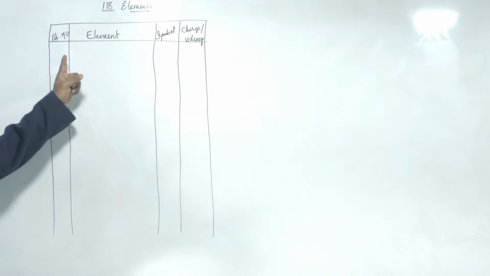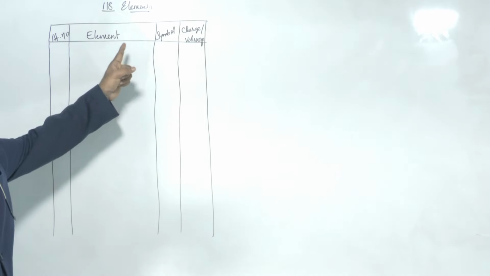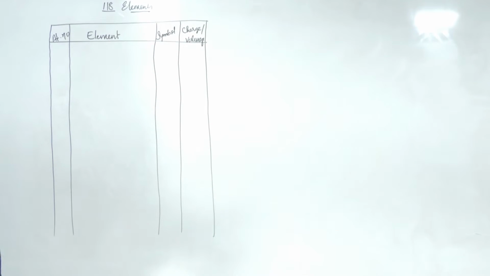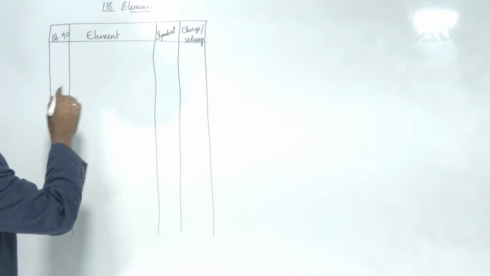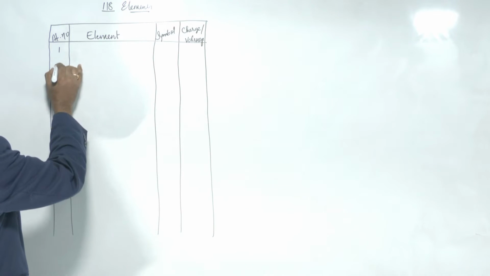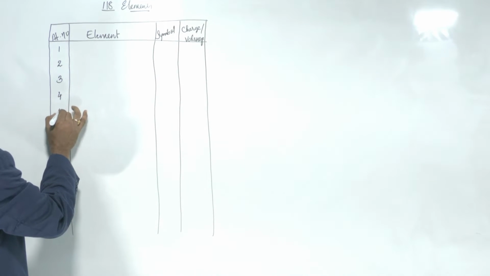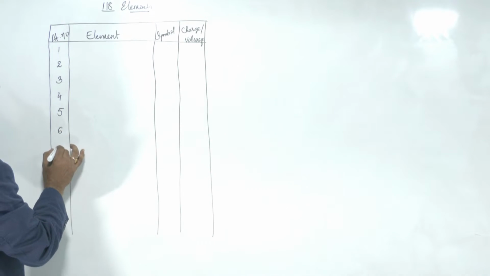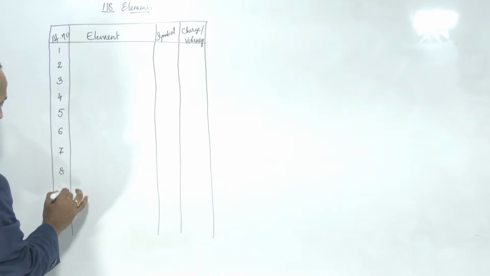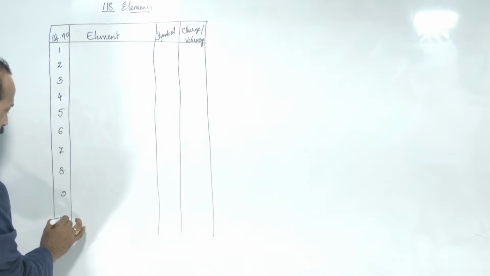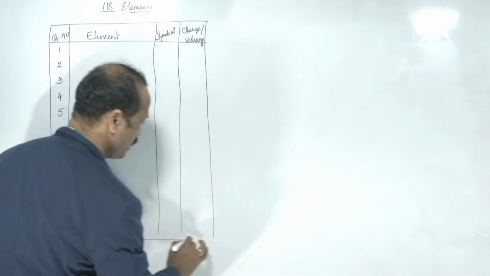So 4 columns, students: atomic number, element, symbol, charge or valency. So first I will write the 10 elements here.